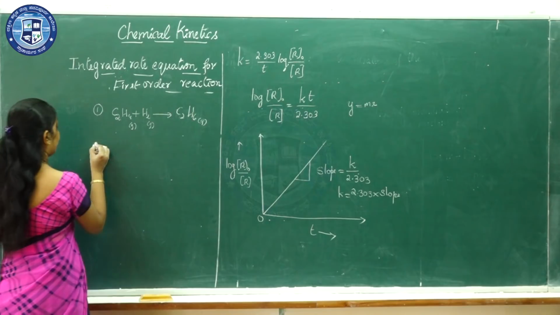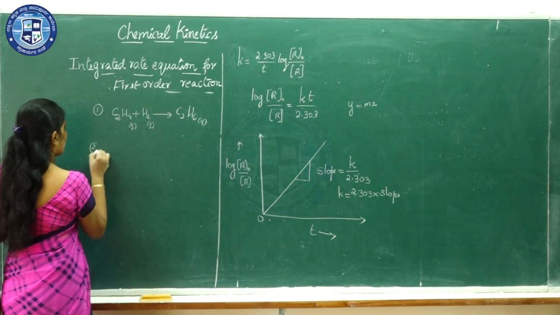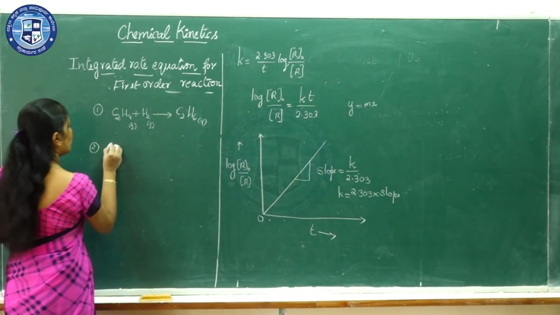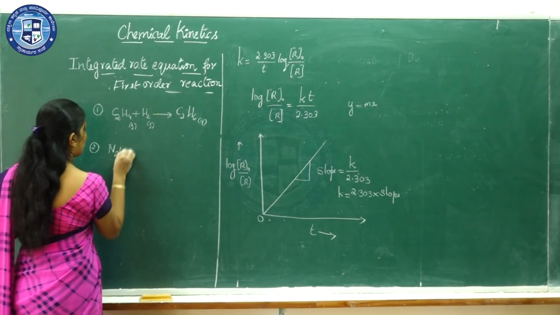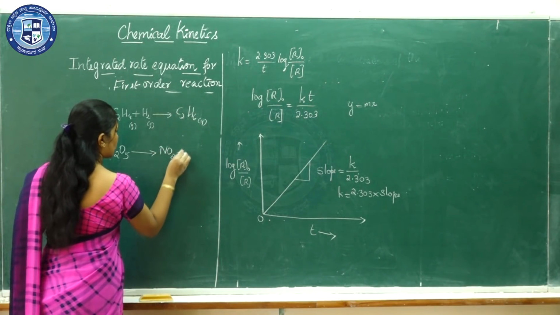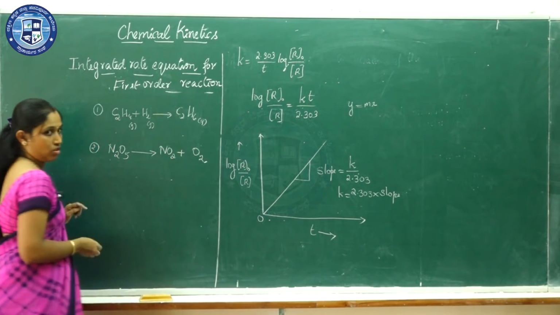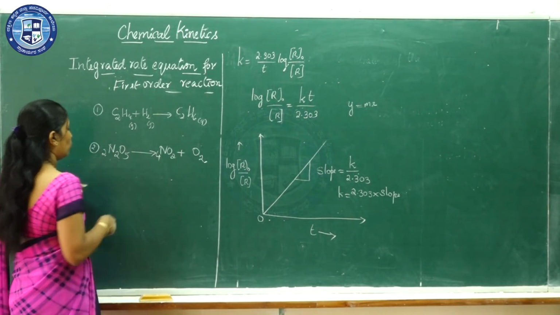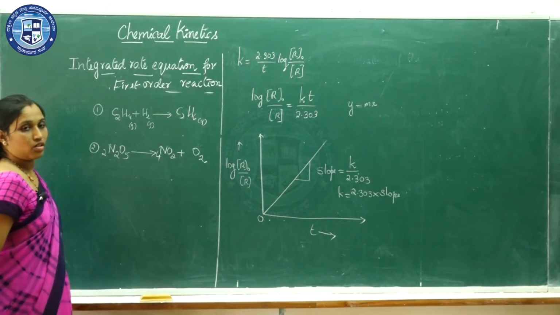And next, you can also have decomposition of nitrogen pentoxide. Nitrogen pentoxide will decompose to give nitrogen dioxide and oxygen. So here it is 2 and here it is 4, so it is balanced.